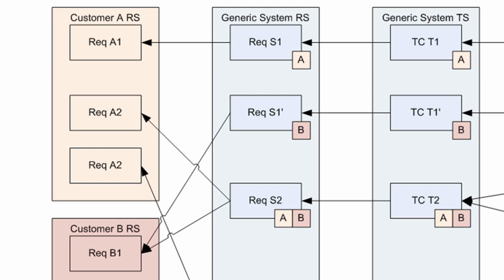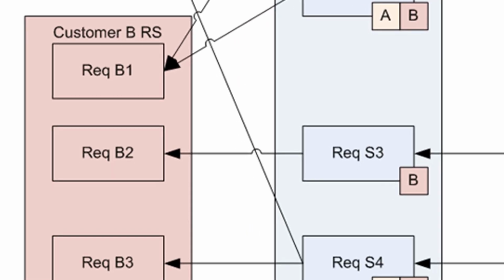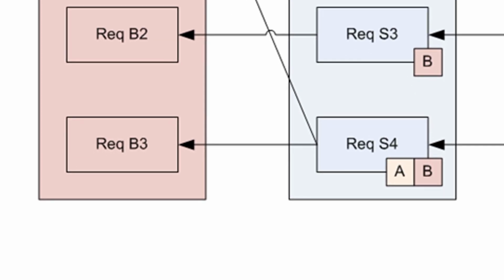Note that S2 is reused as is by both A and B. For B2, we had to create a new requirement S3. This means adding new capabilities to the product line. B3 was properly met by S4, which means that S4 can be used by B as well as by A.